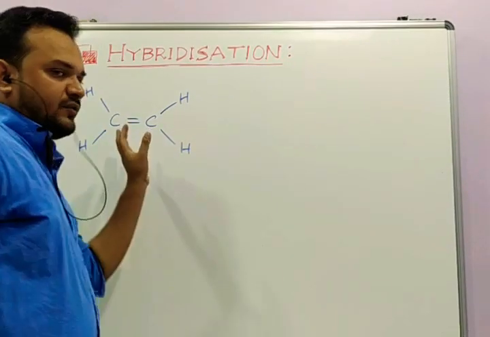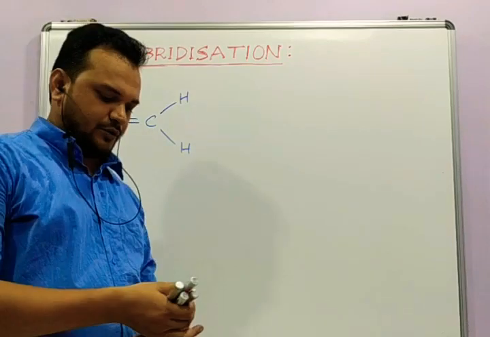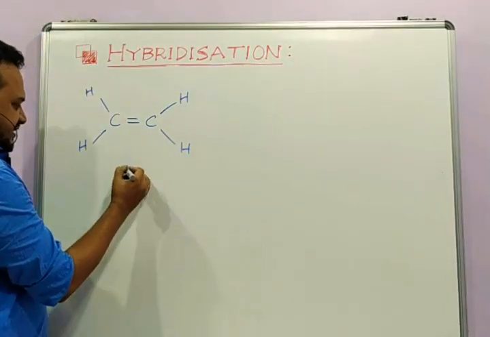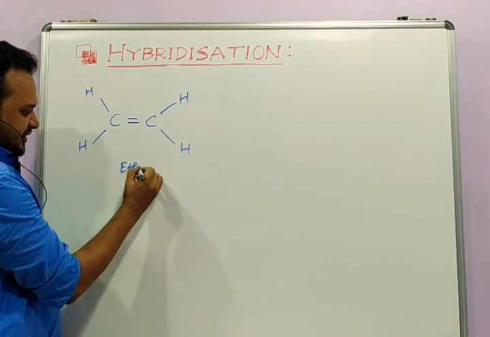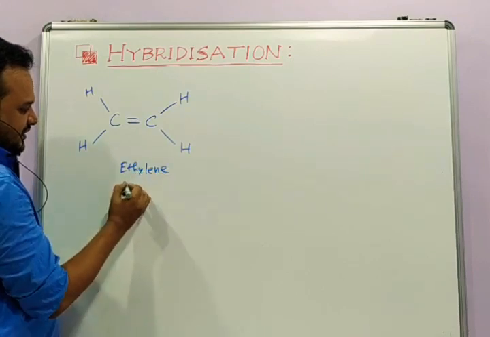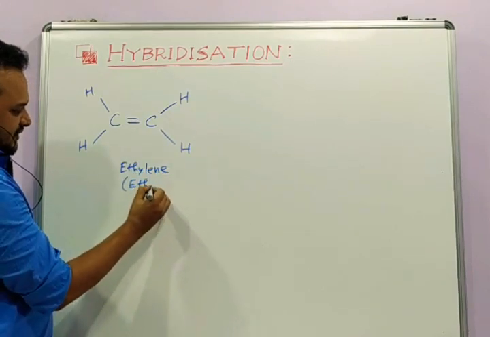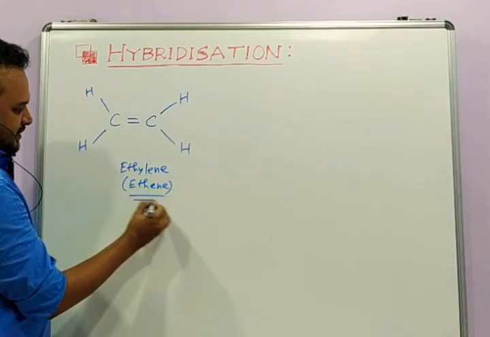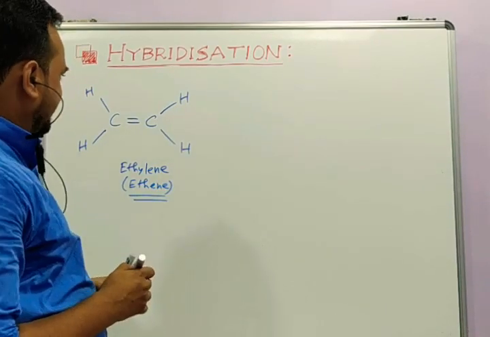Now here we have another very common molecule, that is ethylene or ethene. Right. So here also we have CH bonds.